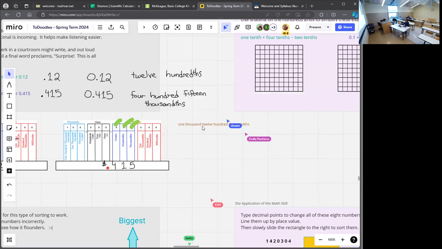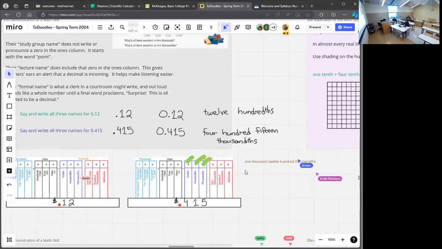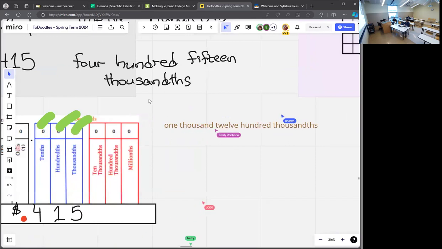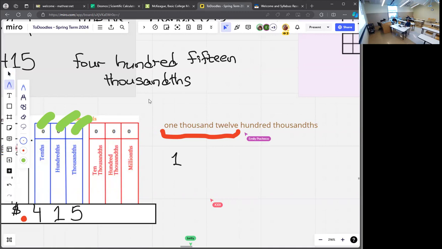Okay, so if the GED test gave me this number, how would I write it? I'd start by taking the part that sounds like a whole number and write that. So I would say 1012. Everyone okay with that?